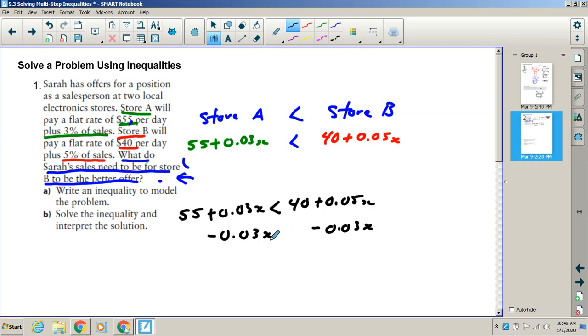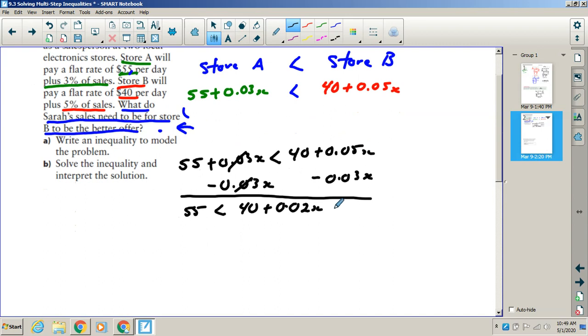I end up with 55, my inequality sign is that way, and I have 40 here, and 0.05x minus 0.03x is 0.02x.